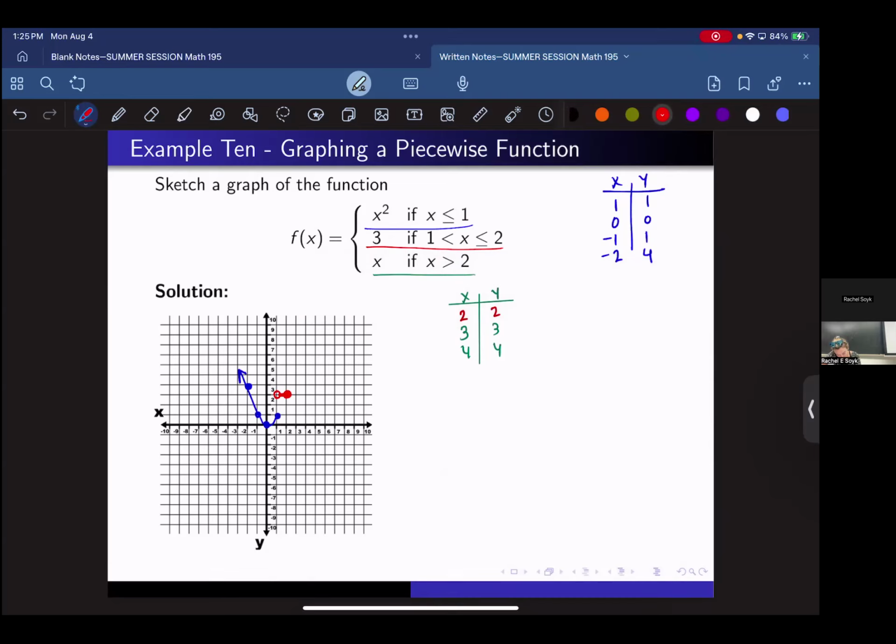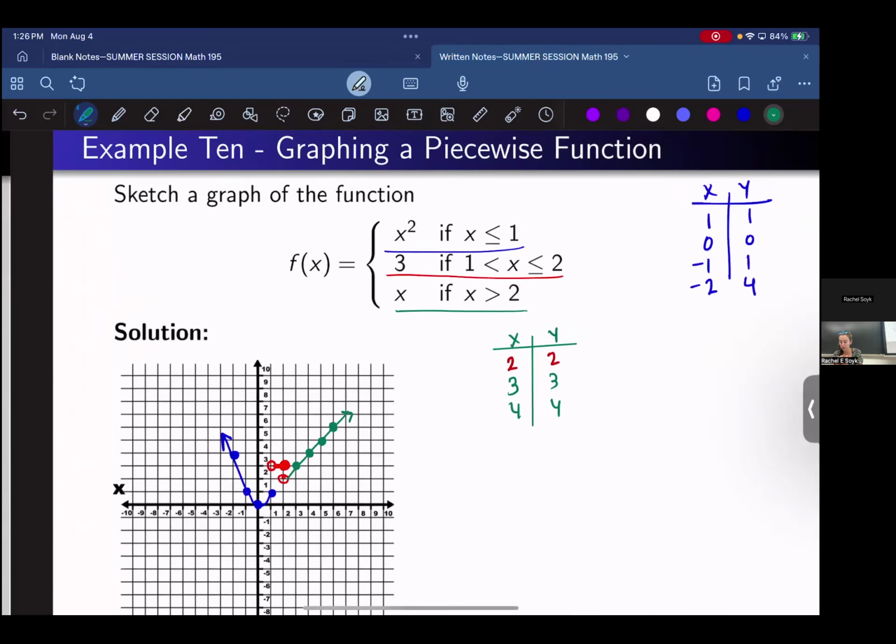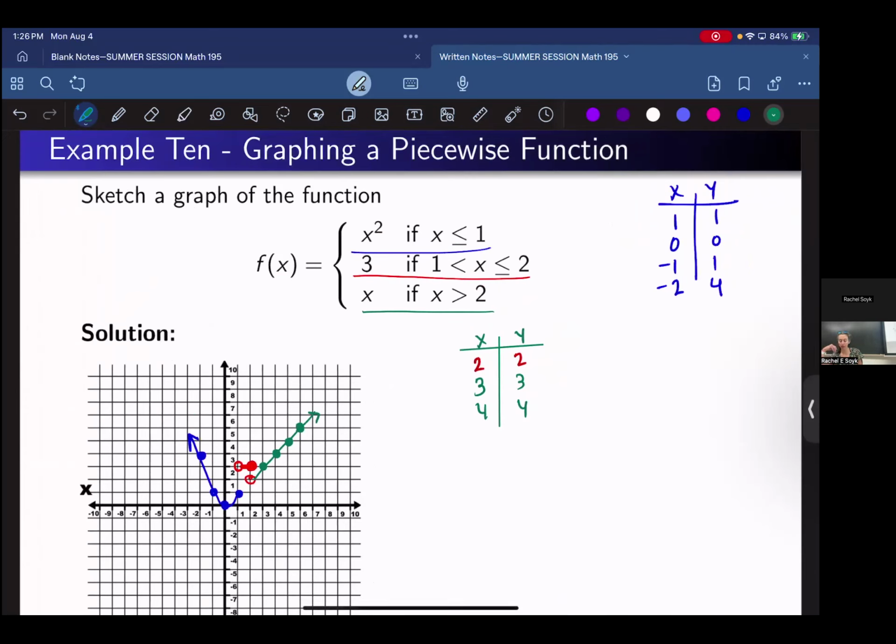So 2, 2. And then we have 3, 3. That one we are including, and then 4, 4, 5, 5, 6, 6, so on and so forth. So it's going to look something like this. And that's it. That's our piecewise function. So it's really about breaking them all up and then putting them all together.